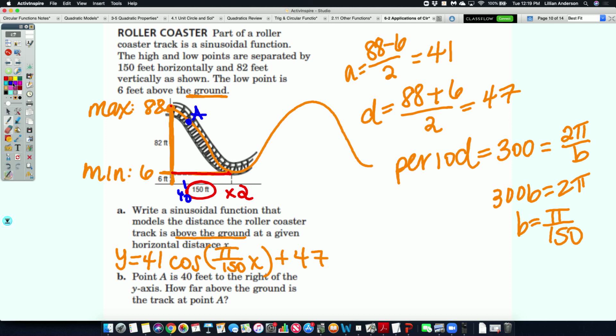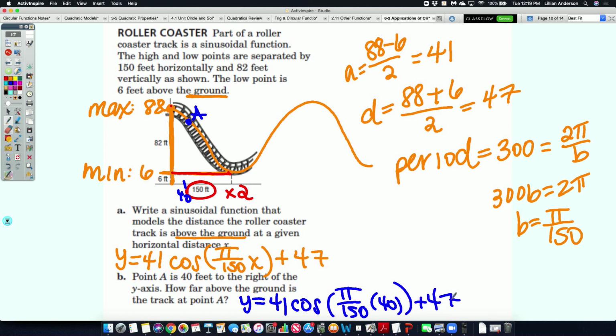It's asking you to find basically the y value. How high above the ground is that point? So what do I need to do with the 40? Plug it in for x, because x represents my distance on the track, and y represents my height. So that's 41 cosine pi over 150 times 40 plus 47.